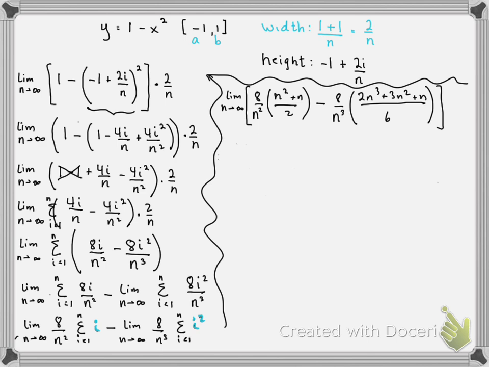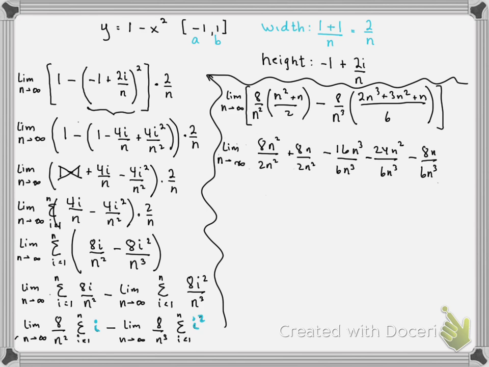So revisiting, we'll have the limit as n approaches infinity of 8n squared over 2n squared, plus 8n over 2n squared, minus 16n cubed over 6n cubed, minus 24n squared over 6n cubed, minus 8n over 6n cubed.